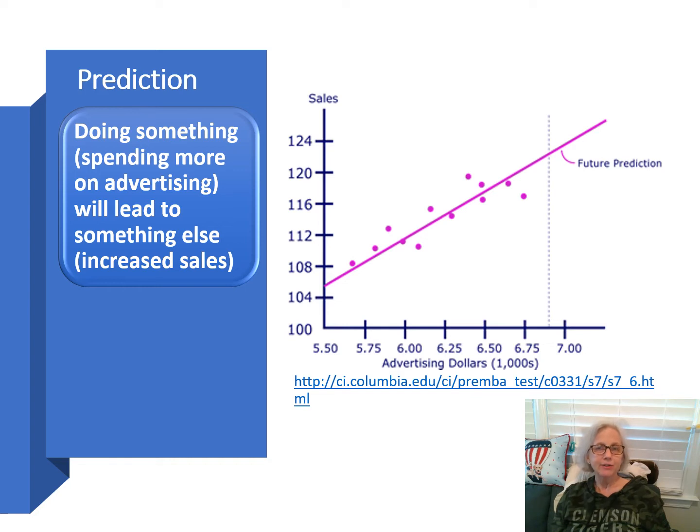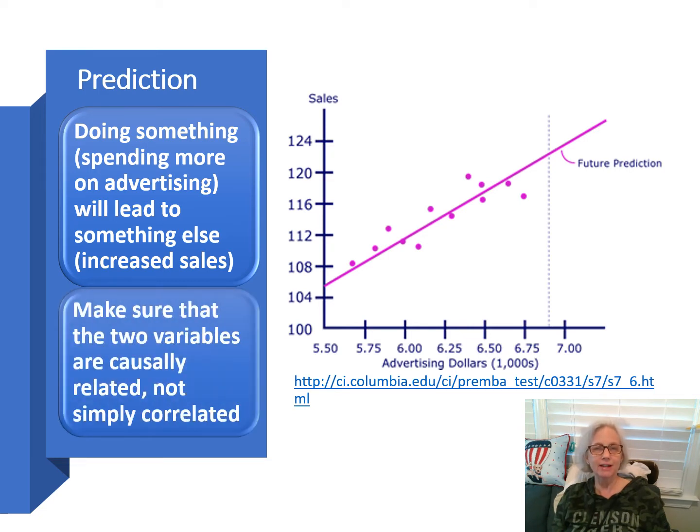If we continue the scatter plot, we can predict future sales if we continue investing in advertising dollars, as long as increased advertising dollars actually causes increased sales. It's important to make sure that the two variables are causally related, not simply correlated.